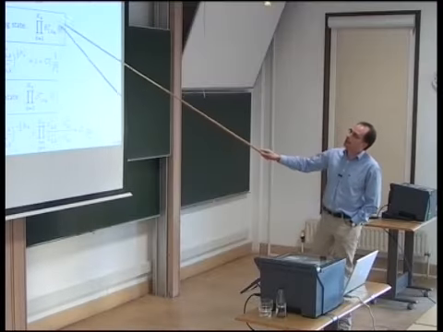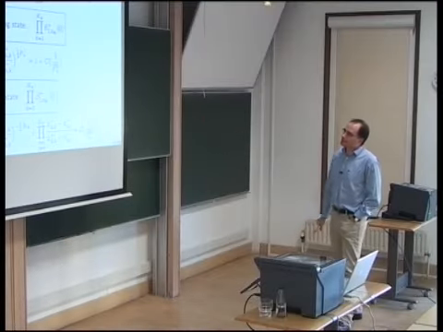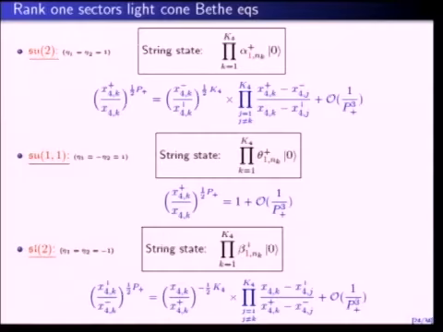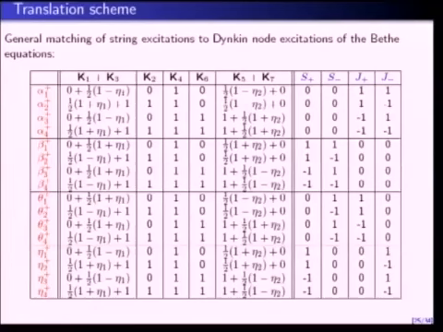So it's a set of 3 fermions, and the SL2 sector is down here. It's actually just the inverse of this S matrix here. And these sectors you can solve explicitly for any collection of n's, so any excitation number.